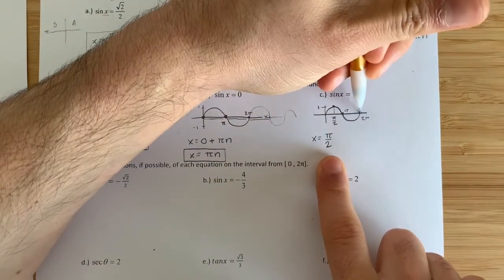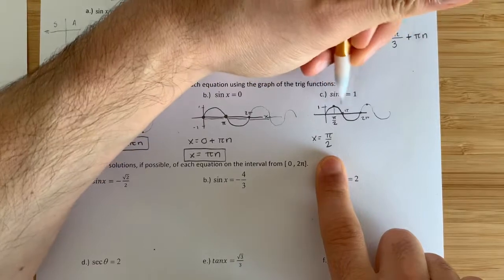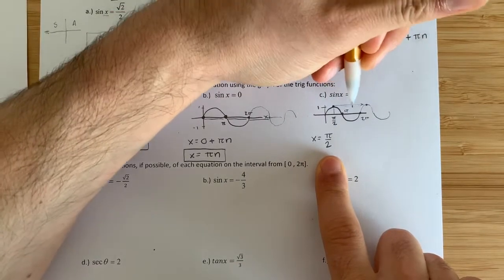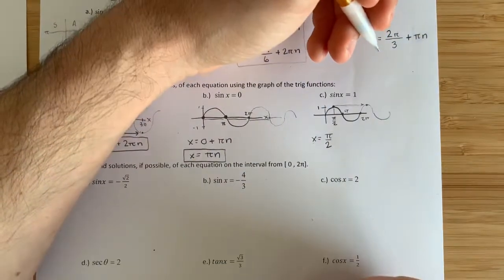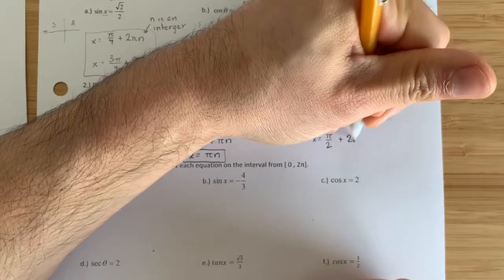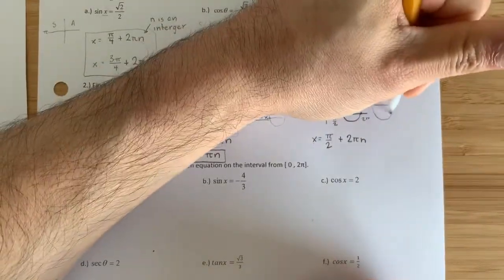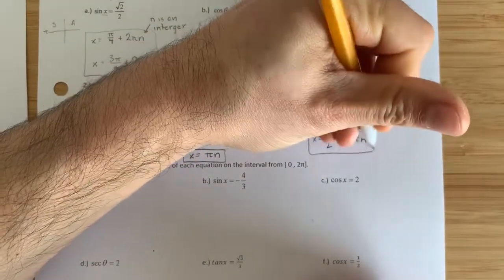And then I won't hit 1 again until I get another graph drawn here. And so that's the period here from start to finish. It just repeats every time I move 2 pi over. So plus 2 pi n, and then every 2 pi after that, it'll hit again and again. So the answer here looks like this.